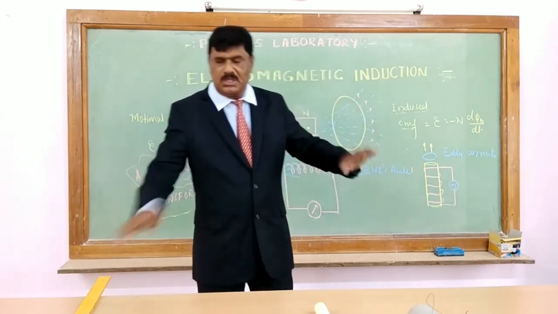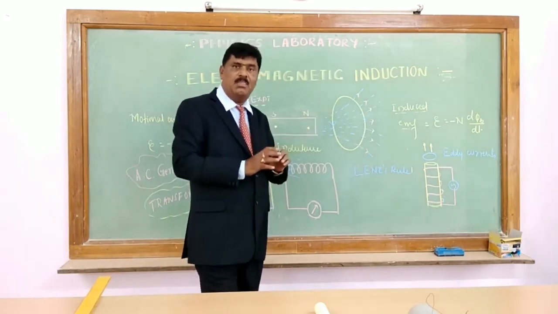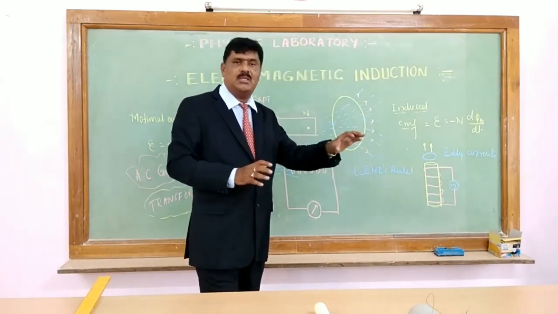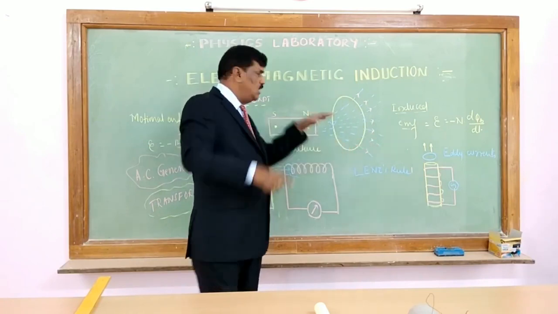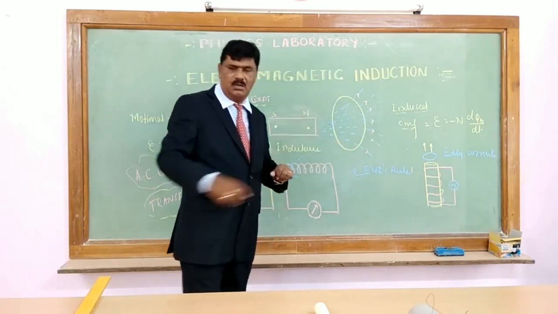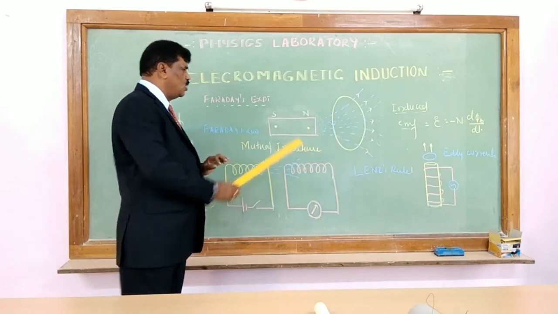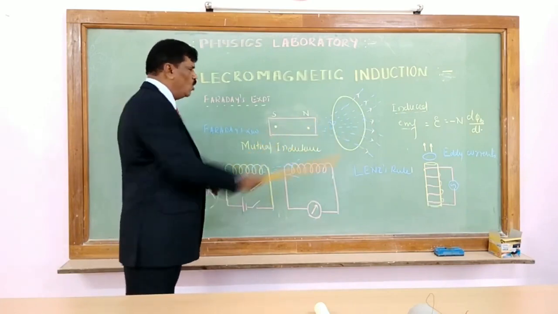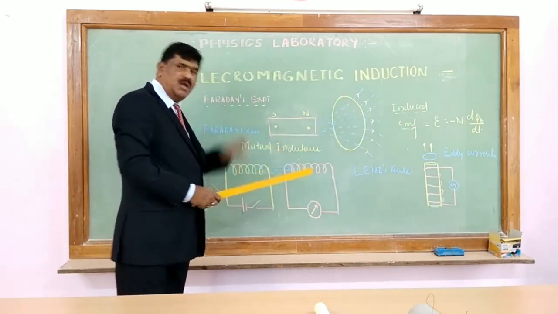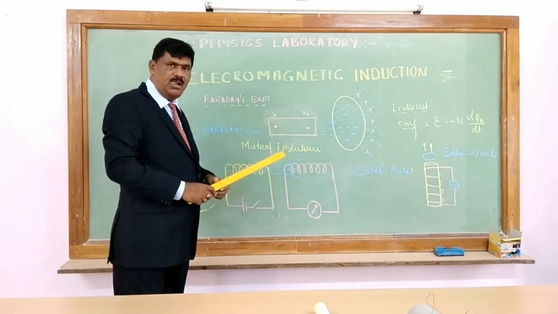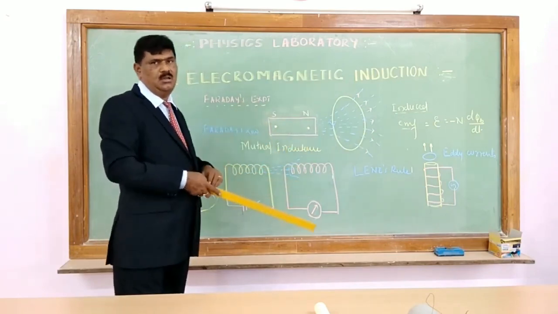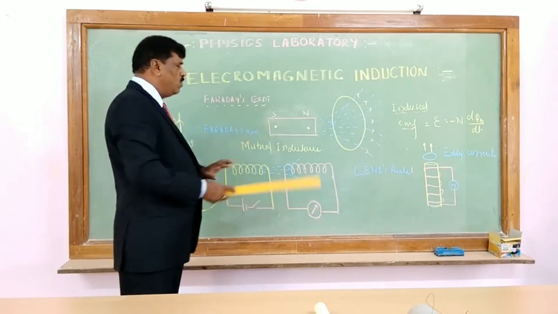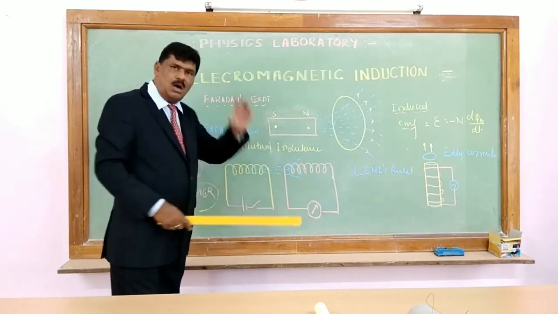Now I will try to explain the two simple activities carried out by Faraday in order to discover this EMI phenomenon. Here you are seeing two materials. One is a coil made up of a good conductor of electricity, and the other is a source of magnetic field, that is a bar magnet. Now both the materials are at rest.